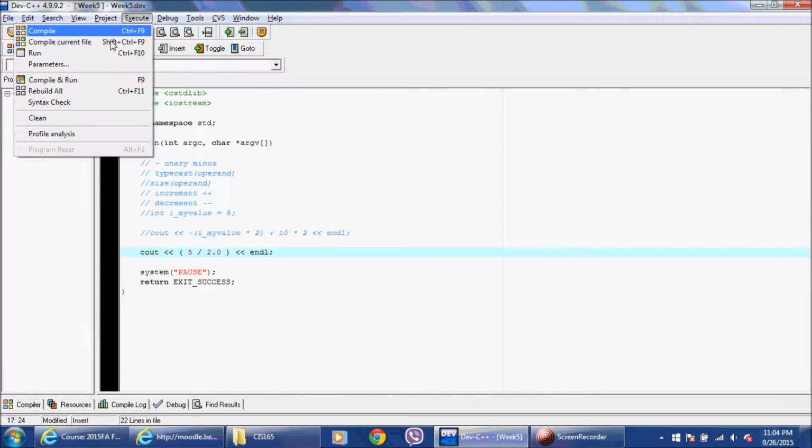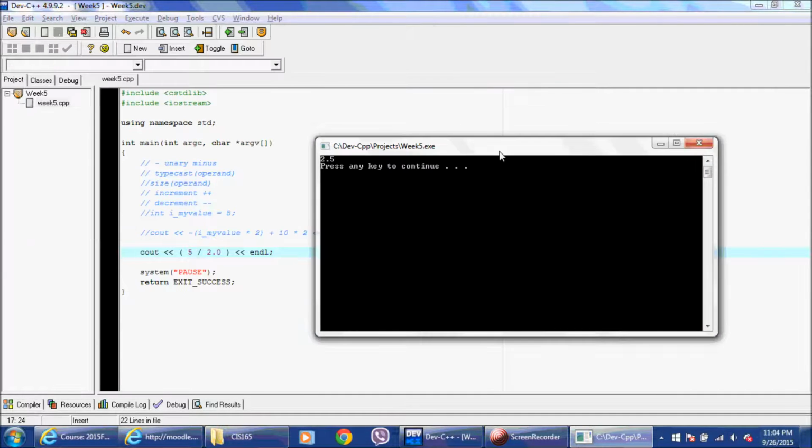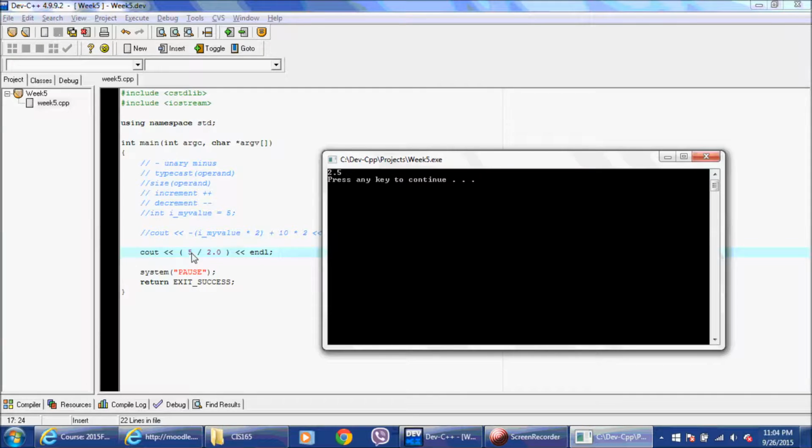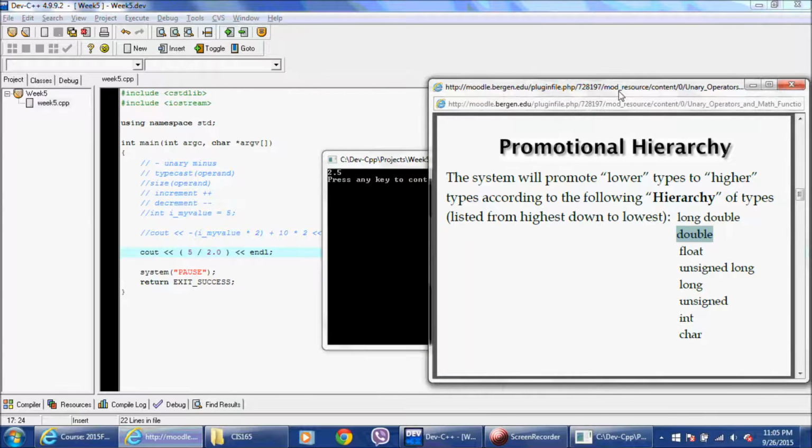Well, let's see. If you run this, that's right. Because an integer versus a double, again, the double is higher in the hierarchy, and the double will win and prevail during this. So you'll have your remainder intact.